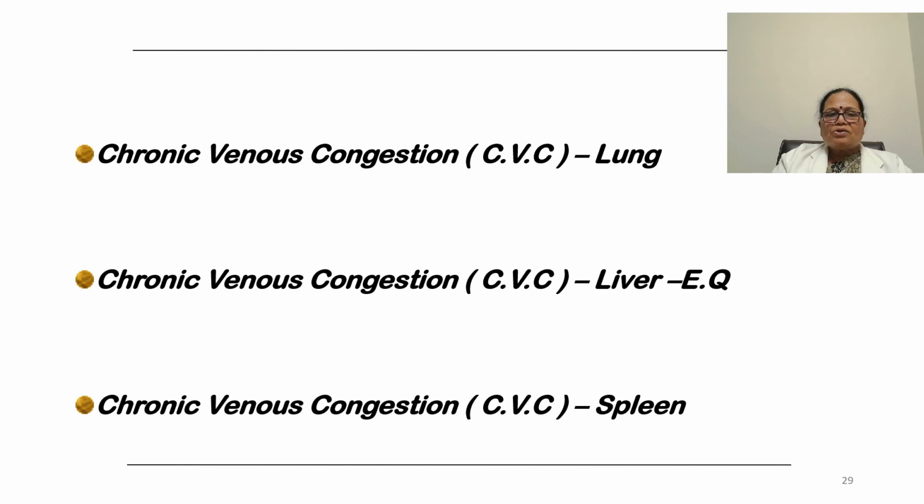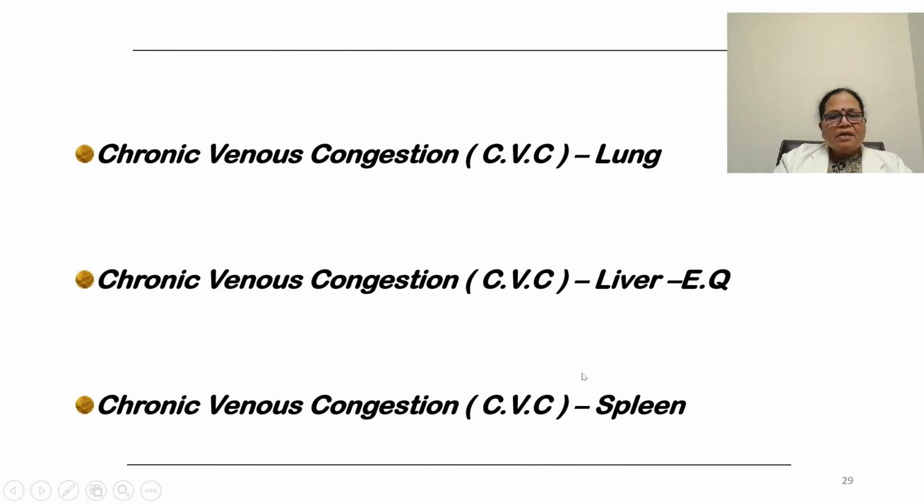So chronic venous congestion of the liver, lung, spleen: any of these can come in the exam. Most of the time, in every question paper, I am seeing that CVC lung or CVC liver is more common, then CVC spleen, or these three can be kept as gross specimens for you in the practical examination.